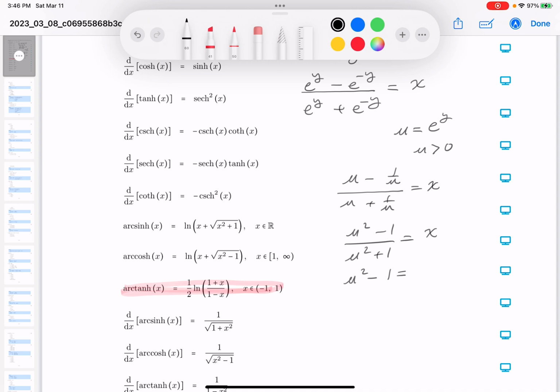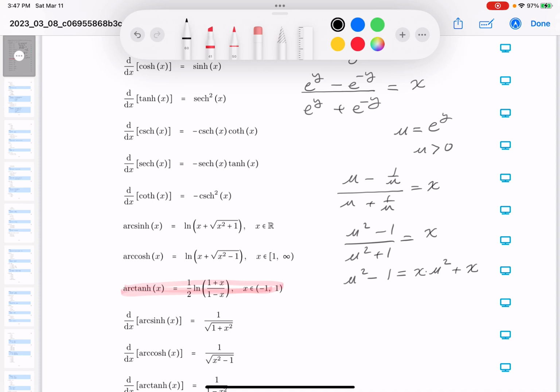Let's take a look there. What do you get? You get x squared, not x squared, I'm sorry about that. Daydreaming there. You get x times u squared plus x.